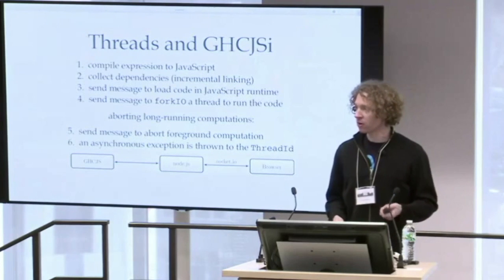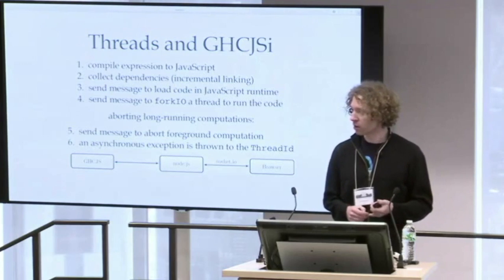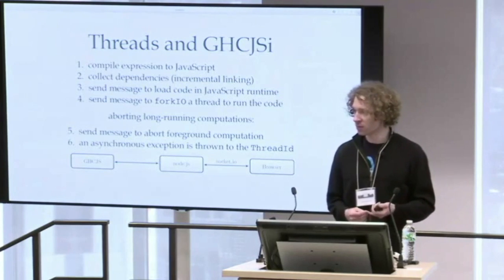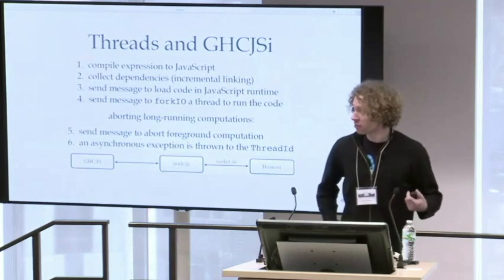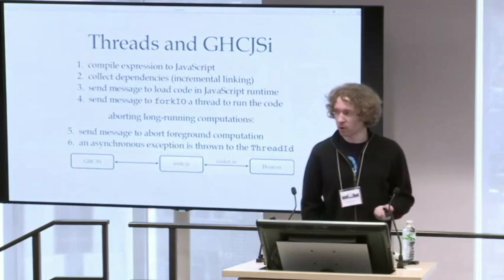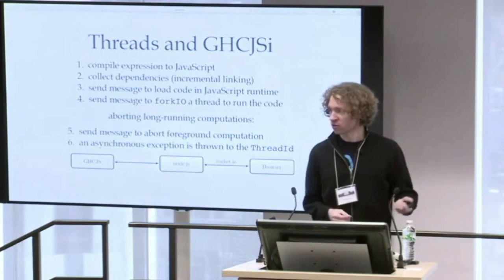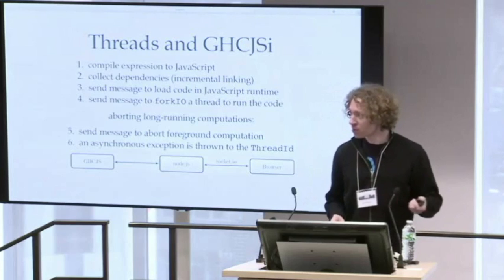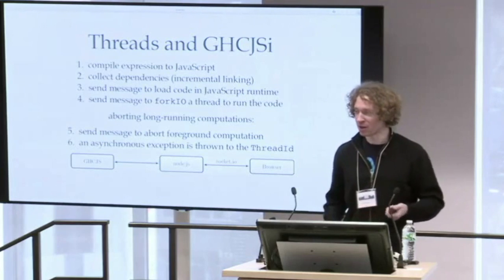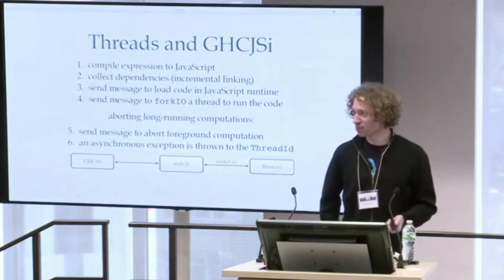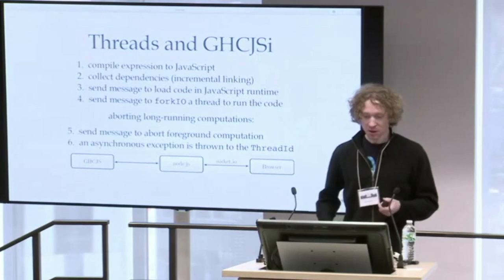GHCi and GHC also have bytecode for interpreted things, and they have a bytecode evaluator that also supports breakpoints and that kind of thing. GHCJS doesn't, and I think not too many people really use this GHCi debugger, so this was just much easier. Just generate JavaScript, run it. But if anyone is really dependent on bytecode and the GHCi debugger, let me know, and perhaps we can add this in the future.